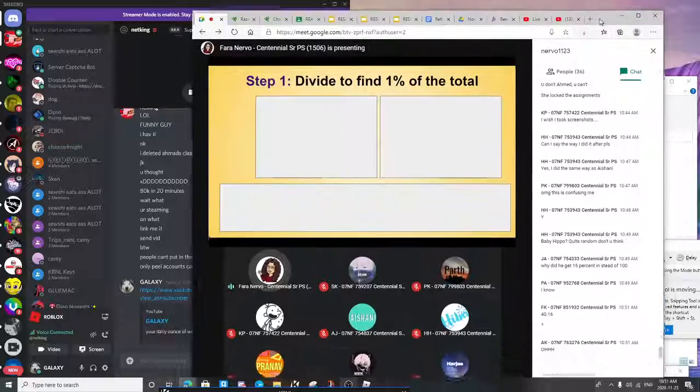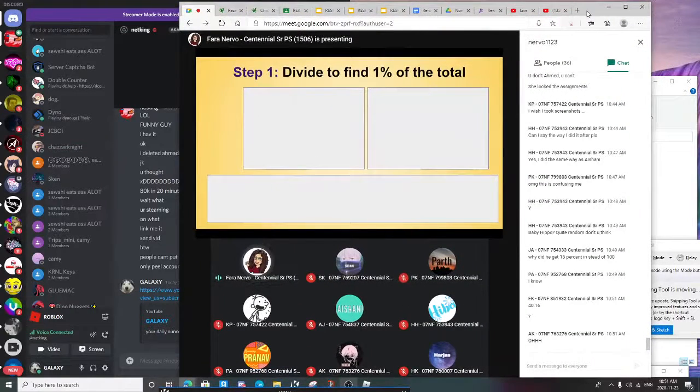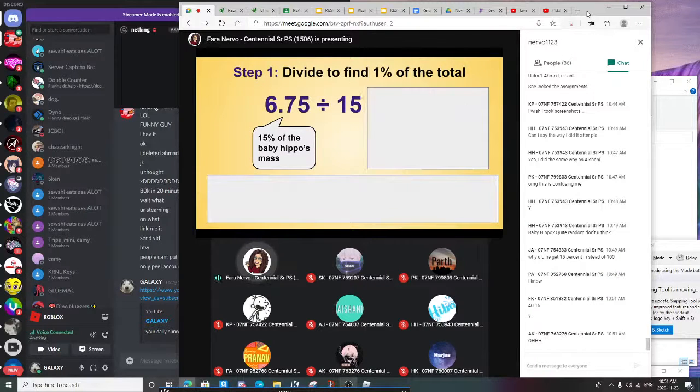So our step one is divide to find out how much 1% is. Here it's 6.75, that's 15% of the hippo's mass, and we're dividing it by 15 because that's how much percent it is. 6.75 divided by 15 gives us 0.45.